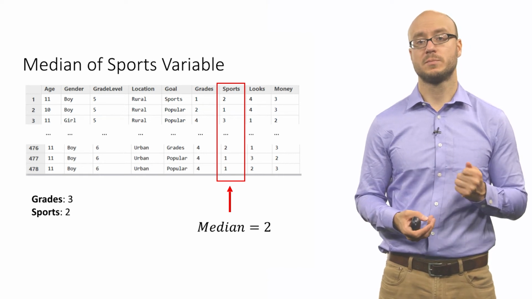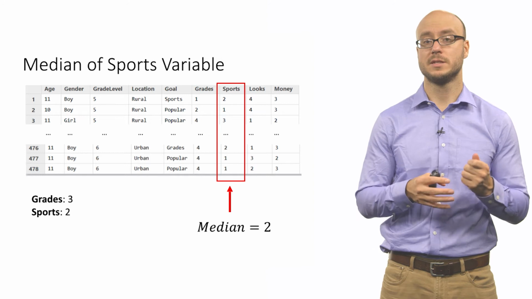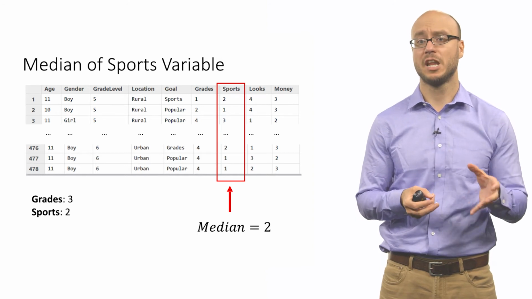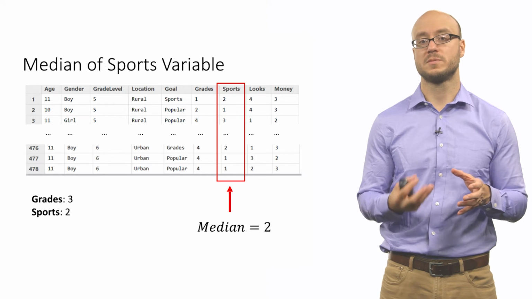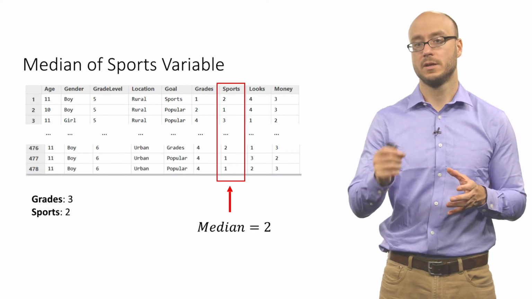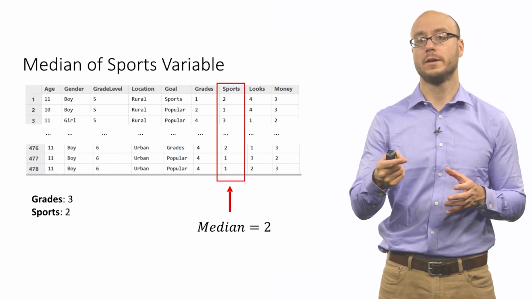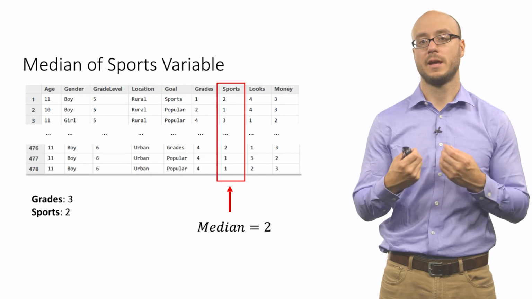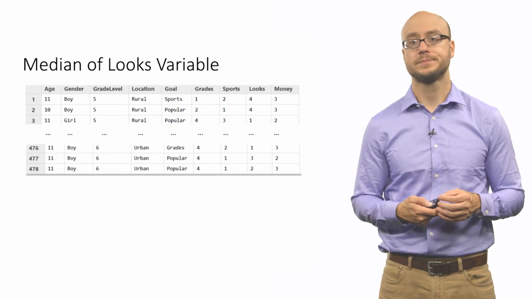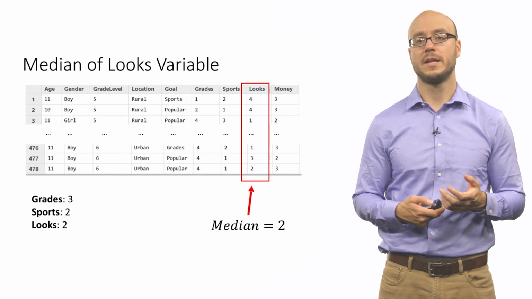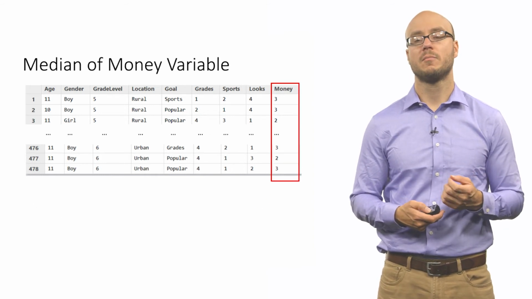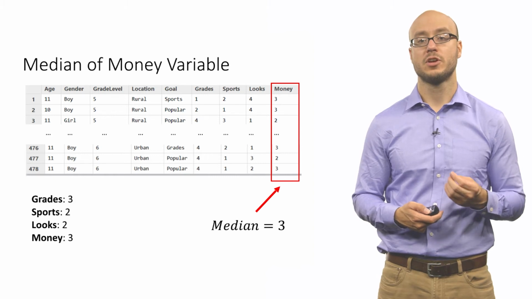So sports is ranked higher, meaning the closer to 1, it's the most important attribute of popularity among these kids. If you look at looks, or being pretty, the median is 2, and for money, the median is 3.